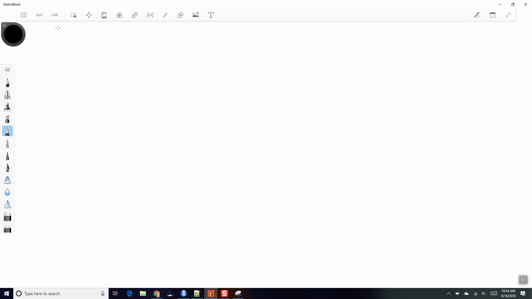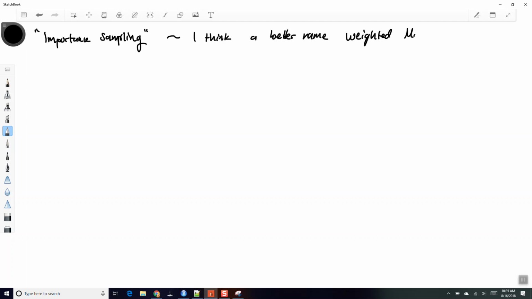So now I'm going to introduce something called importance sampling. The concept is called importance sampling, but I think a better name would be weighted Monte Carlo estimation.